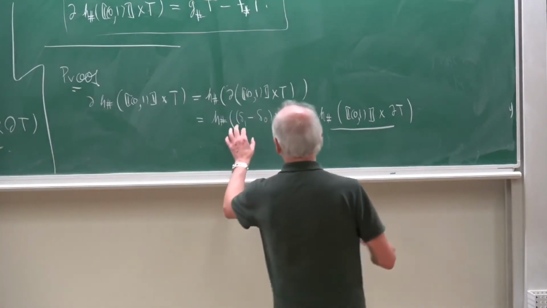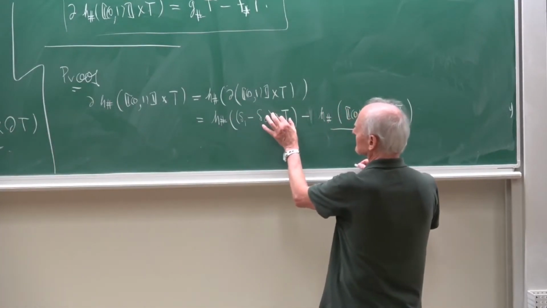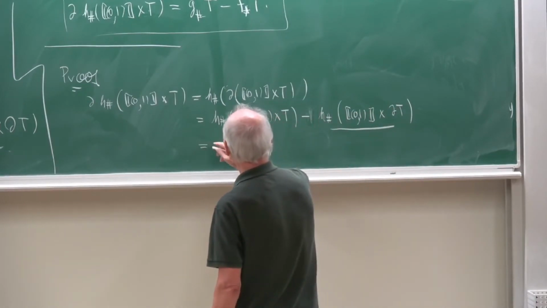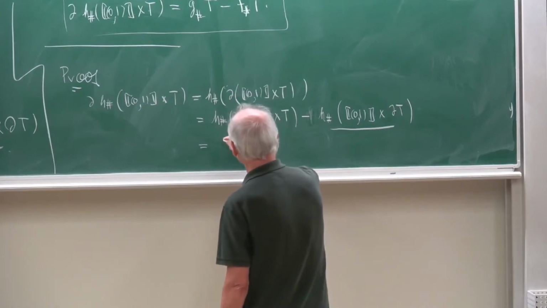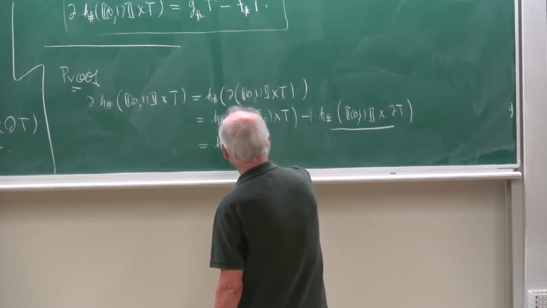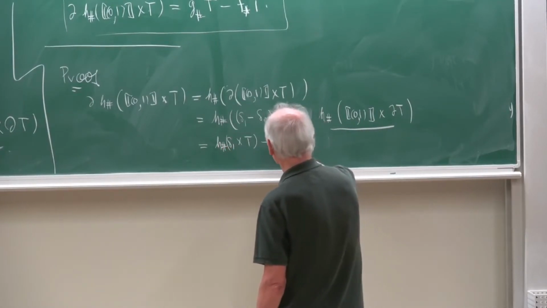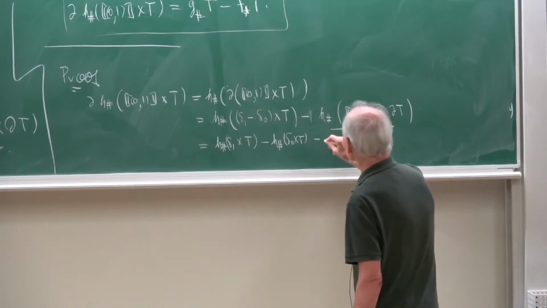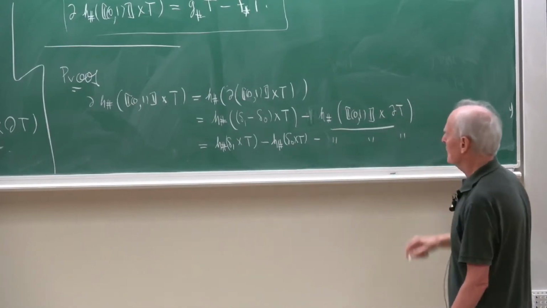And clearly, H sharp of delta 1 cross T, well, you've just got to check. So this is the same as H sharp delta 1 cross T minus H sharp delta 0 cross T minus this, which is what we wanted.